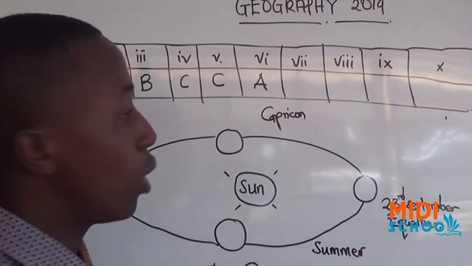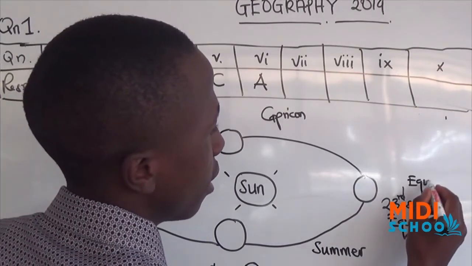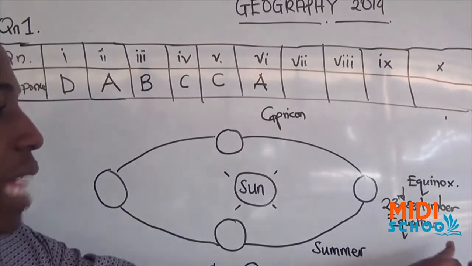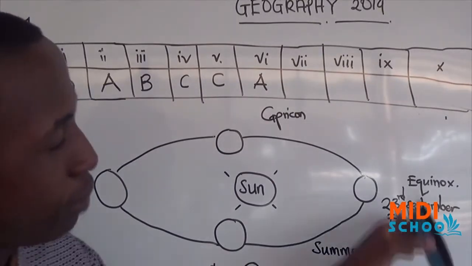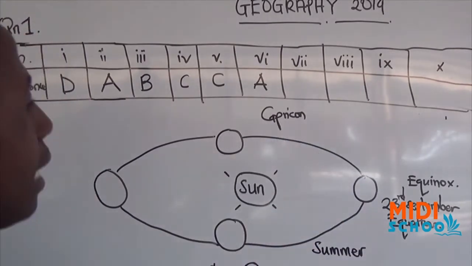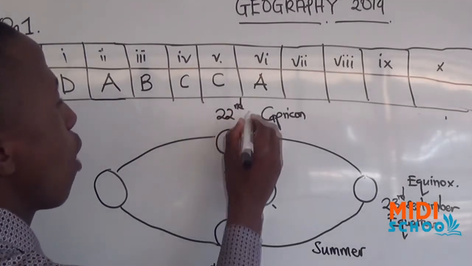The earth will be overhead. But from September, the earth will revolve again up to the Tropic of Capricorn on the 22nd of December.